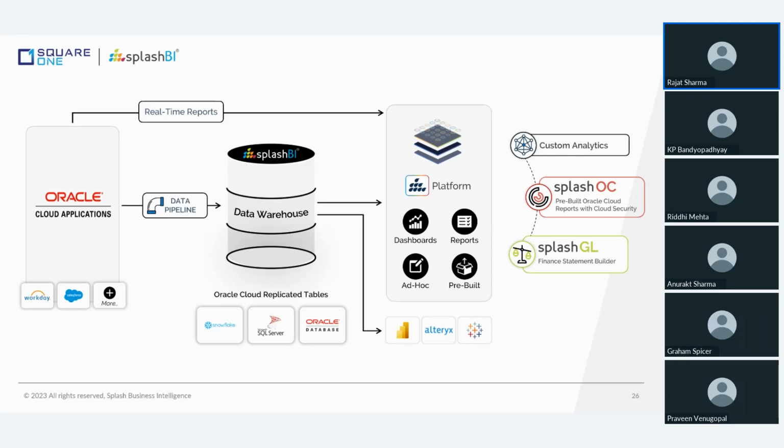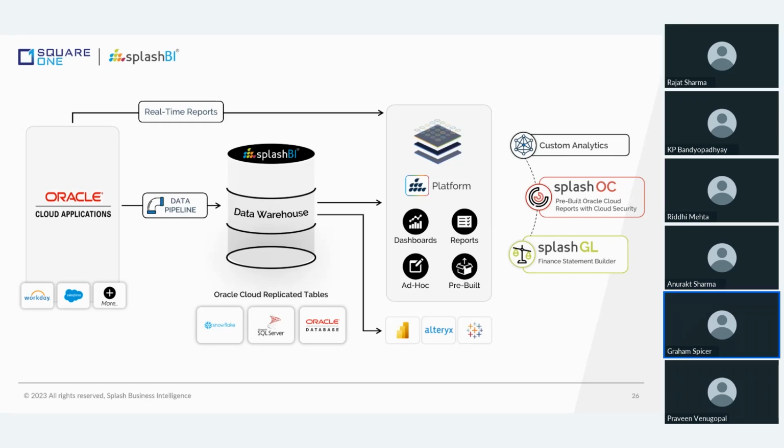And then have the ability to open this data warehouse to tools like Power BI, Tableau, as well as platforms like Splash BI, which again comes with its own set of reports, gives you the ability to understand your data based upon the security that the users may have and do the ad hoc analysis on top of it.